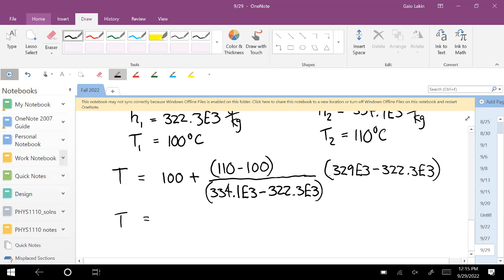And you get that the temperature is equal to 105.7 degrees Celsius.